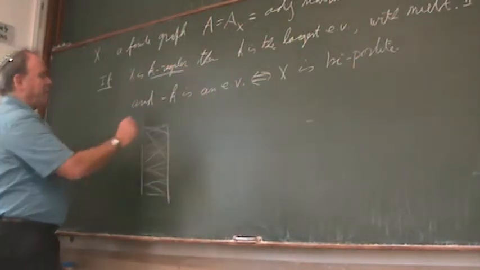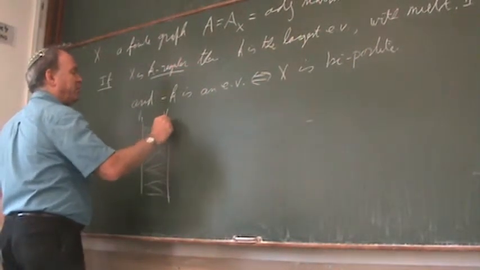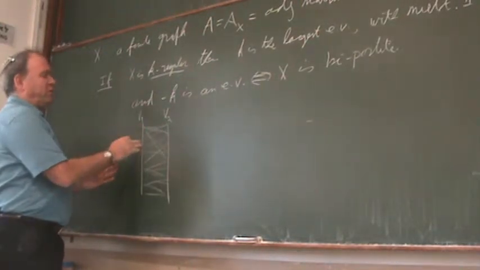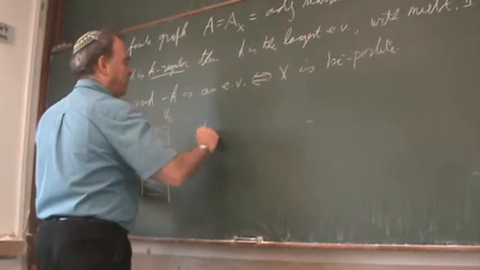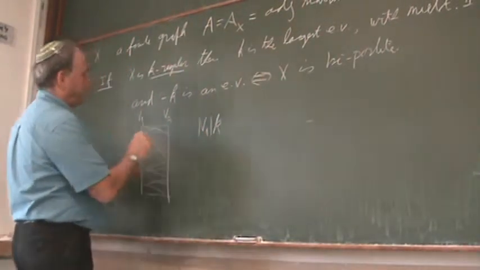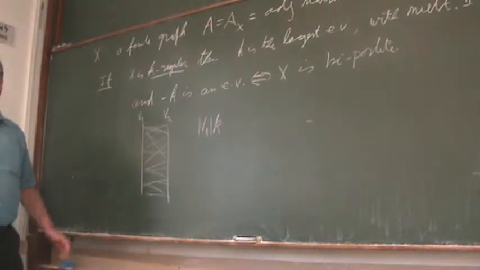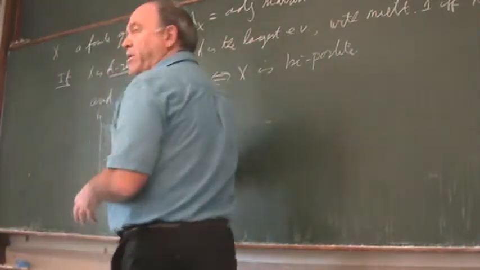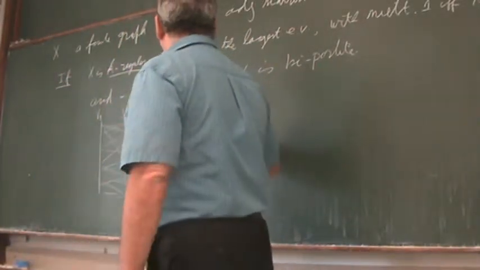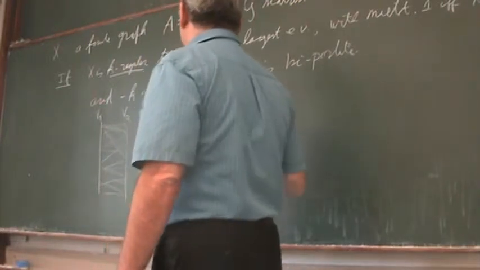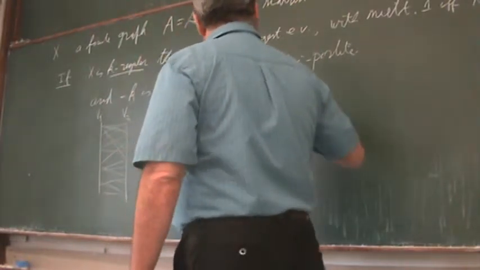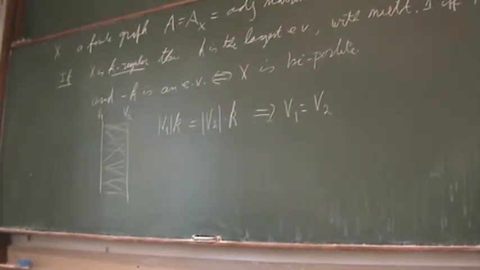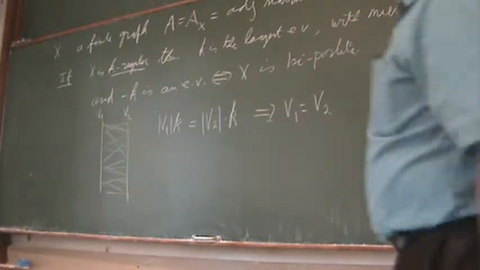Because if this part is V1 and this part is V2, then if I count the number of edges going out from the left-hand side, this is V1 times k, because the degree of every vertex is k. And if we count the same edges as coming out from V2 to the other side, we get V2 times k, and therefore V1 is equal to V2. So if you have a bipartite k-regular graph, then the sizes should be equal.